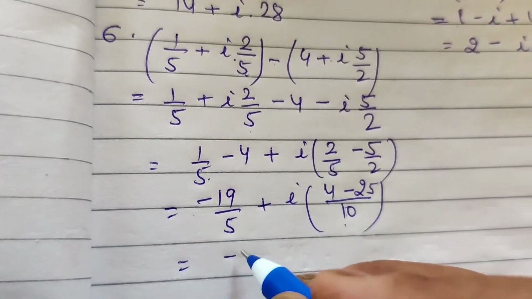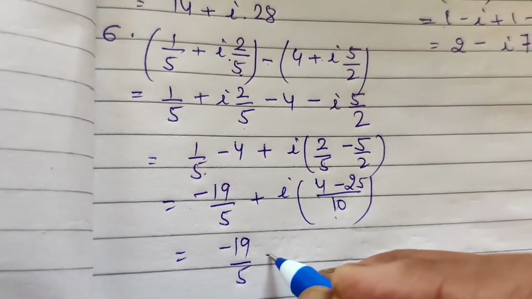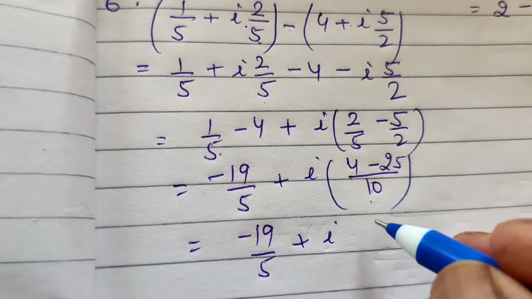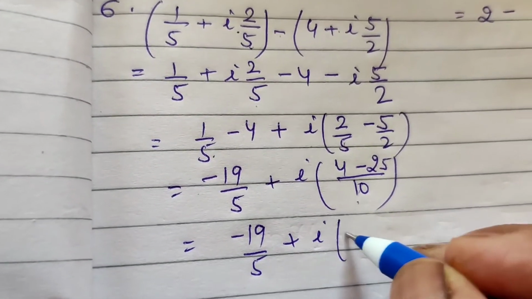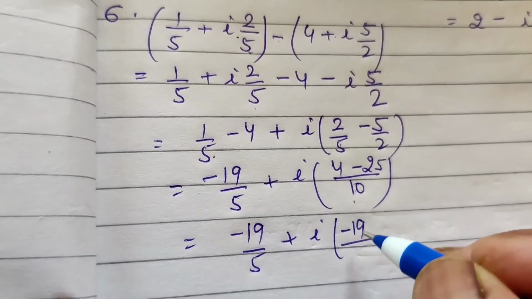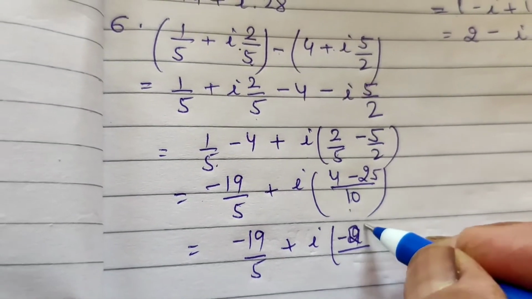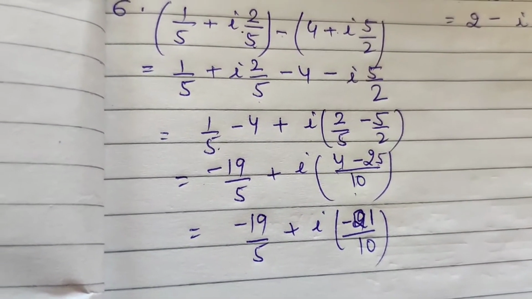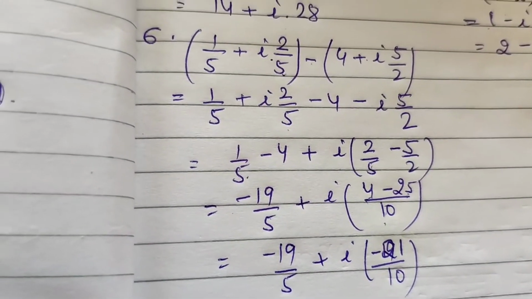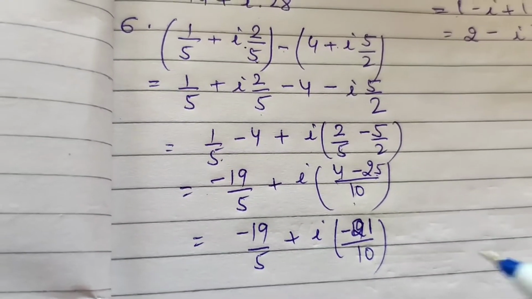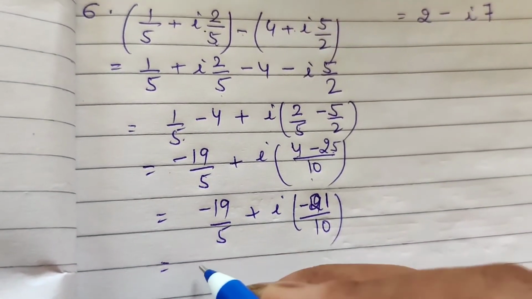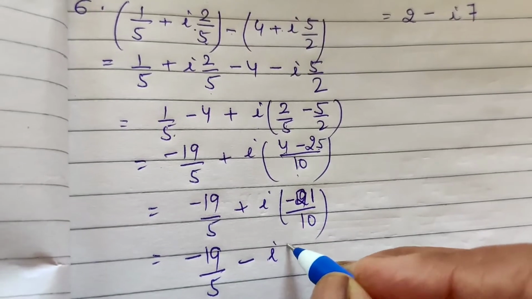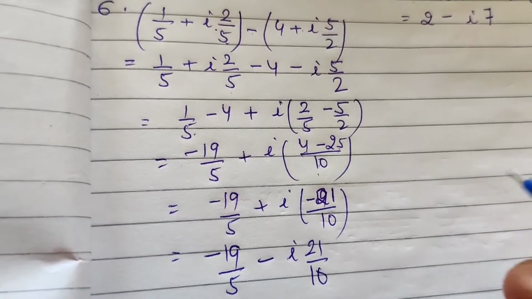It is equal to minus 19 by 5 and i 4 minus 25, 21 by 10. Again if you want to write here, minus i 21 by 10.